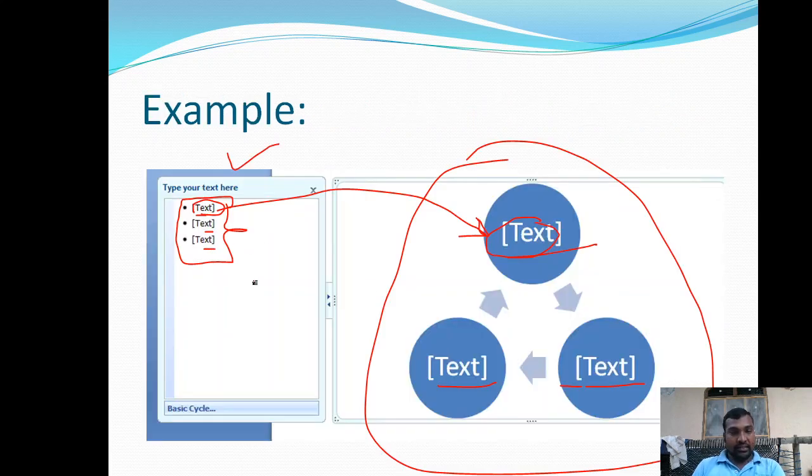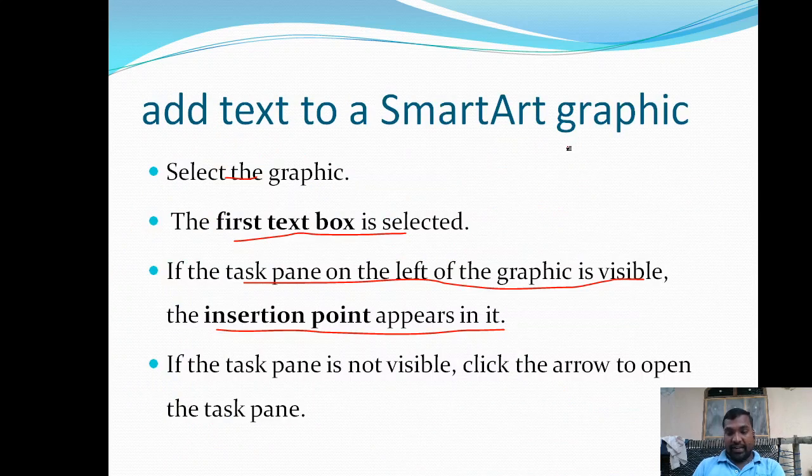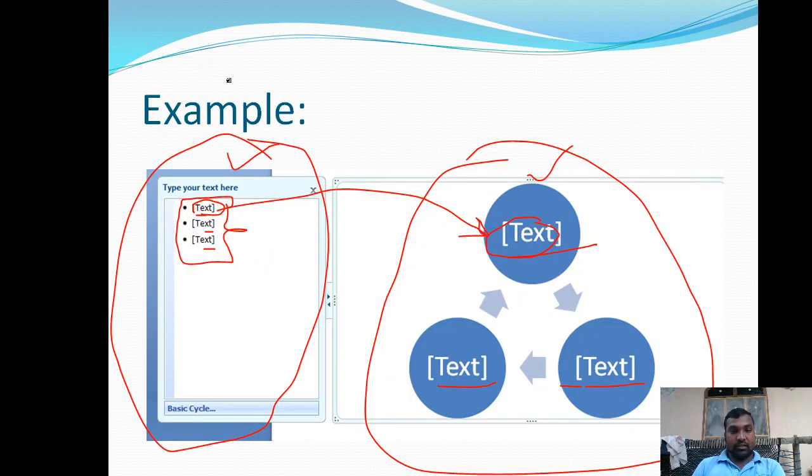So here this is the task pane. After selecting the graphic, this task pane is sometimes displayed automatically and sometimes it is not. If it is visible, then click on this text and enter whatever text you want.